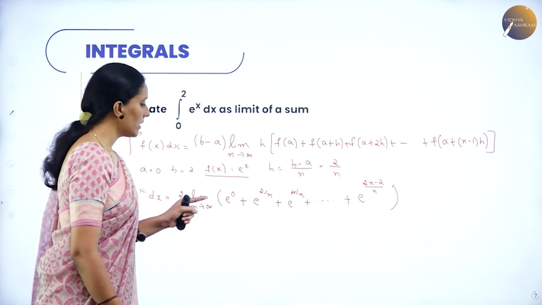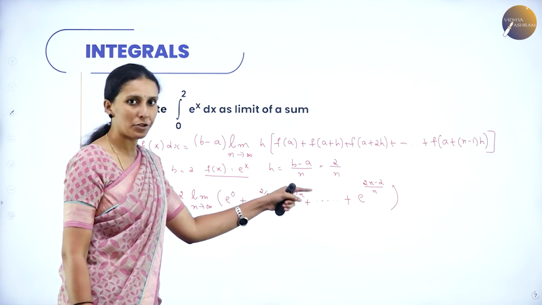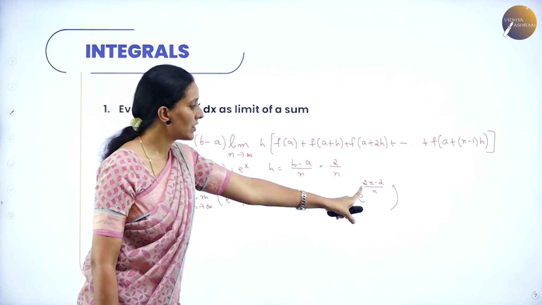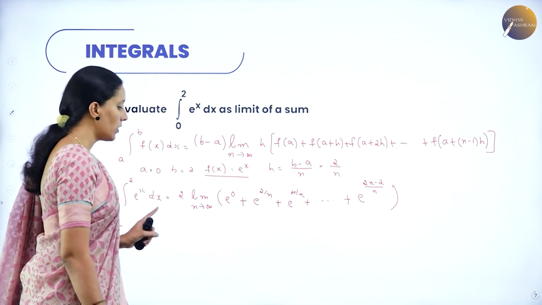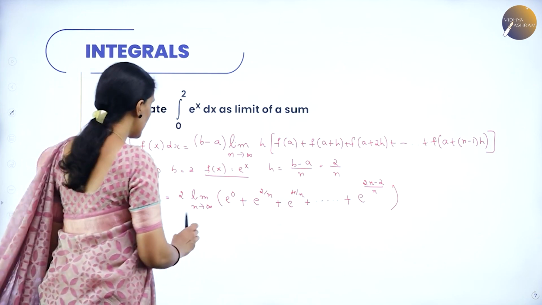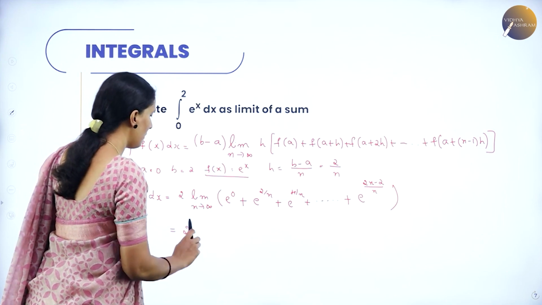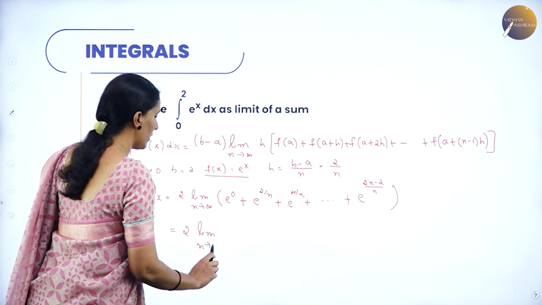So now look here, this is of the form of geometric series where 0, 2 by n, 4 by n, next you will get like 2h, 3h means it will be obviously 6 by n, and the last one is 2 into n minus 1 by n, which is nothing but 2n minus 2 by n. Now applying GP for this series, we get here 2 into, so here we have limit n tends to infinity.